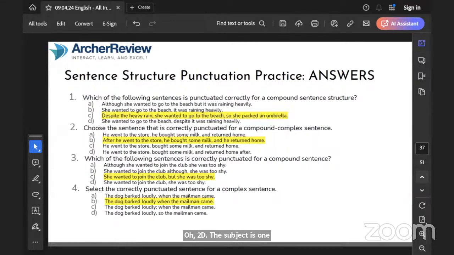In 2D, the subject's "he." Any other questions?